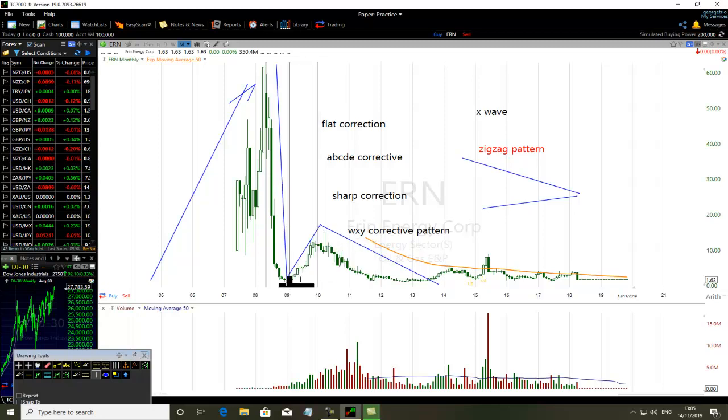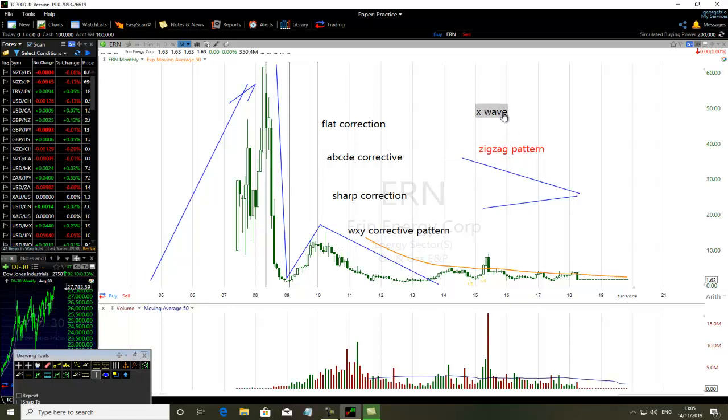Sometimes it's clear, sometimes here it's not very clear. And then 1, 2, 3, 4, 5 down. You are likely to see the A part of the zigzag pattern being a sharp correction. That's why we are giving a quarter of the mark to those who say that it's a sharp correction. Because the biggest portion of the correction here is a sharp correction. But in fact, the correct answer is a zigzag pattern.